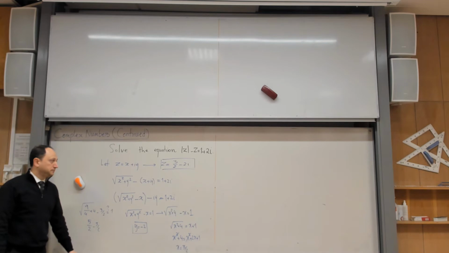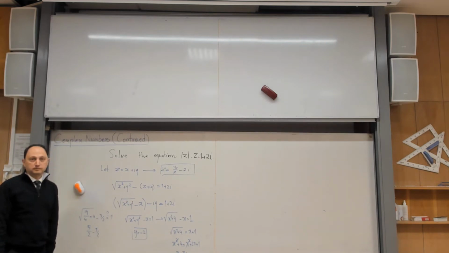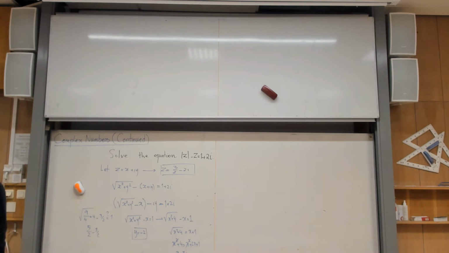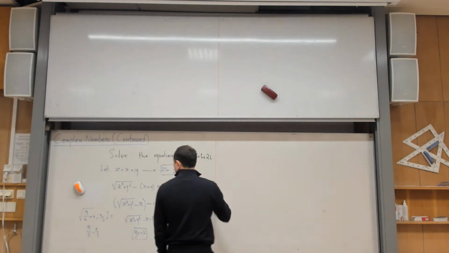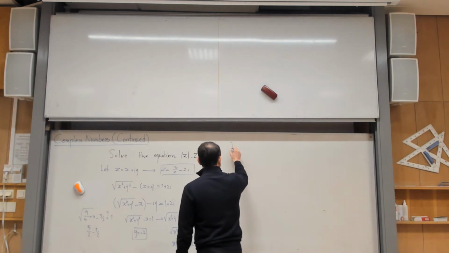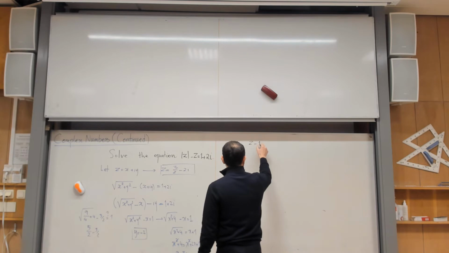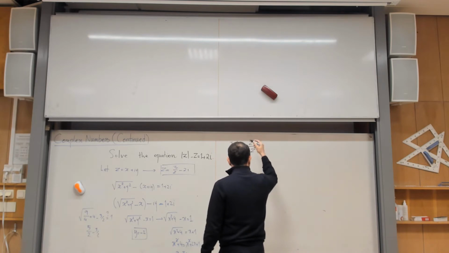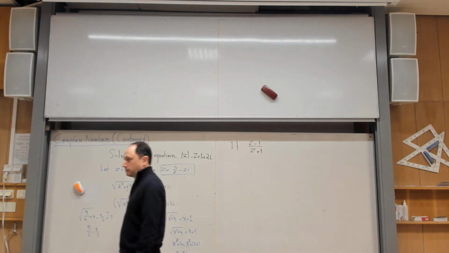Yes? Do you want another challenge or not? Let us do it. Okay, so if z minus 1 over z plus 1, of course, again, I don't repeat, z is a complex number.